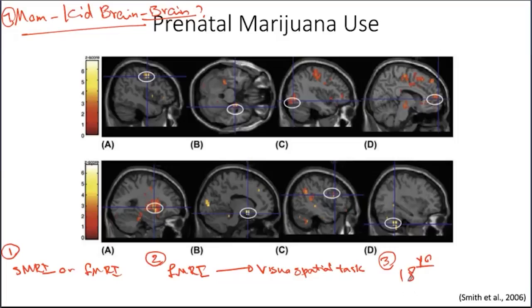So we are talking about 18-year-old adults whose moms reported that they used cannabis while they were pregnant. So we are talking about brain images from those kids. That is the third question.